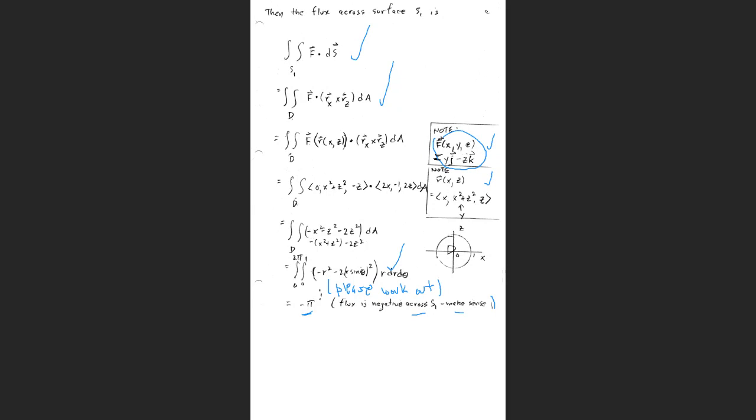Notice here, by the way, the circle is in the xz plane, right? So x would equal r cosine of theta, and z would equal r sine of theta.